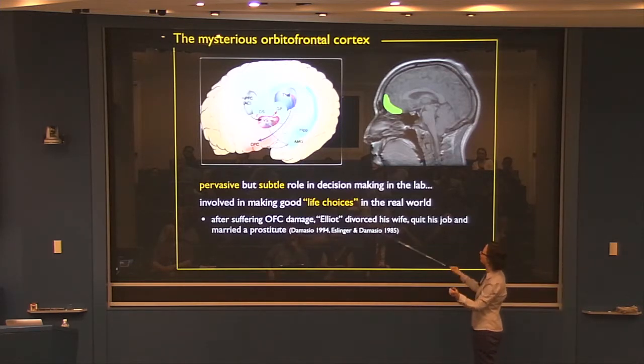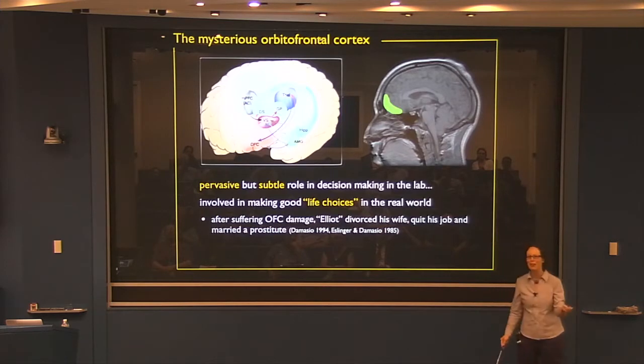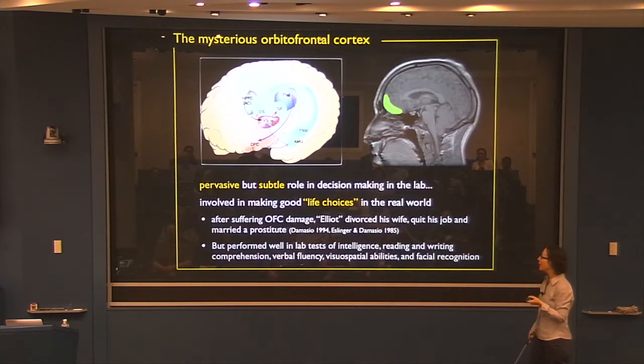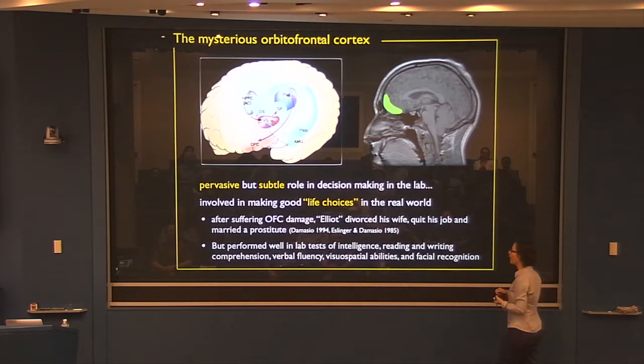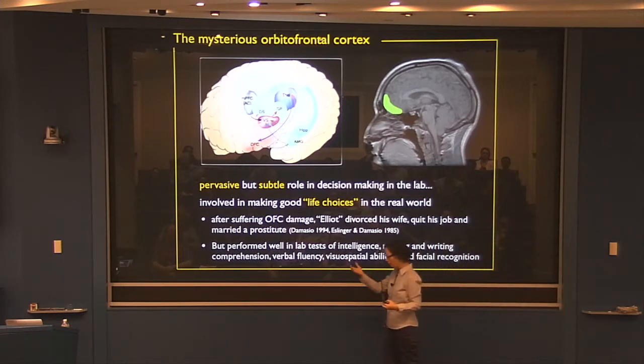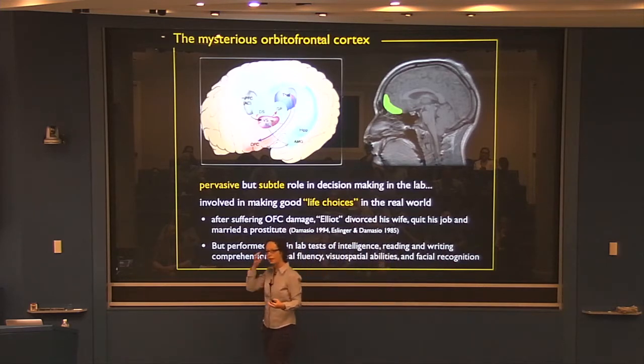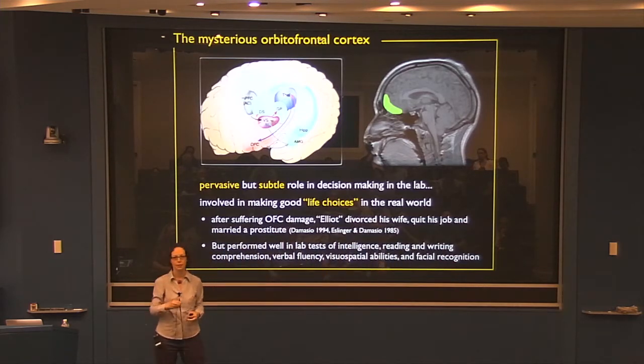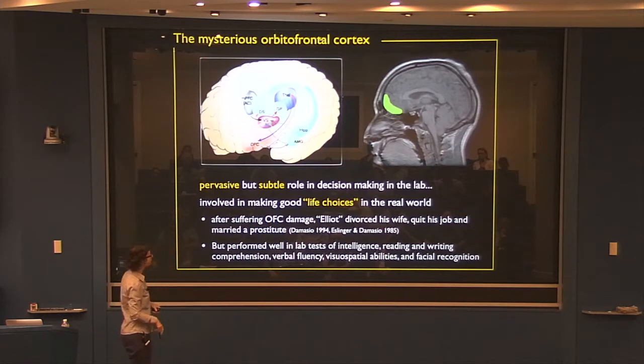You can decide which ones were the good life choices, but definitely his behavior changed quite drastically. This is all at the same time as performing well in lab tests of intelligence, reading, writing, comprehension, verbal fluency, etc. So this is not a person that you would look at and say something is wrong with his brain, except his high-level decision-making is different.